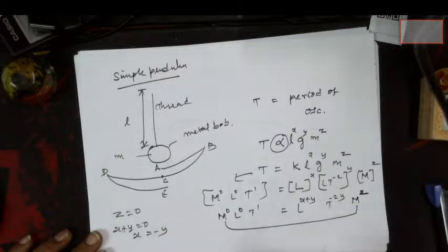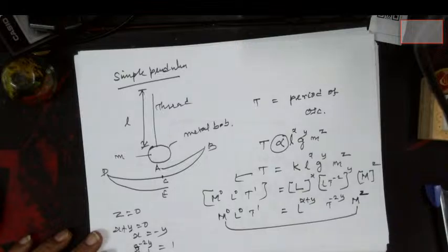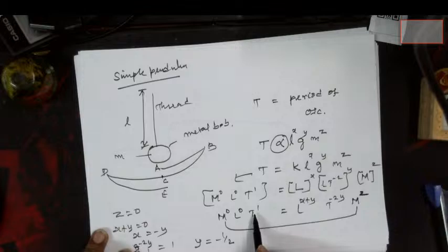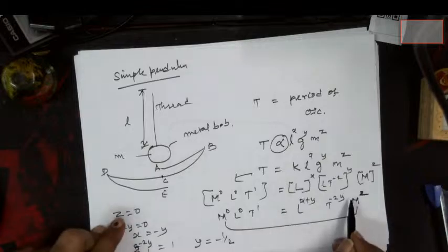And what about this T power minus 2y? So T power minus 2y is equal to 1. That is, minus 2y is equal to 1. We are just comparing the powers. Therefore y is equal to what? Minus 1 by 2. Correct? So if y is equal to minus 1 by 2, and m power z, z is equal to 0.